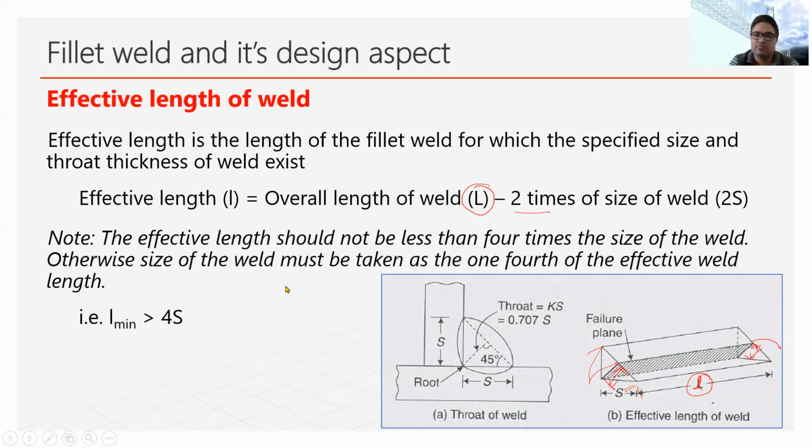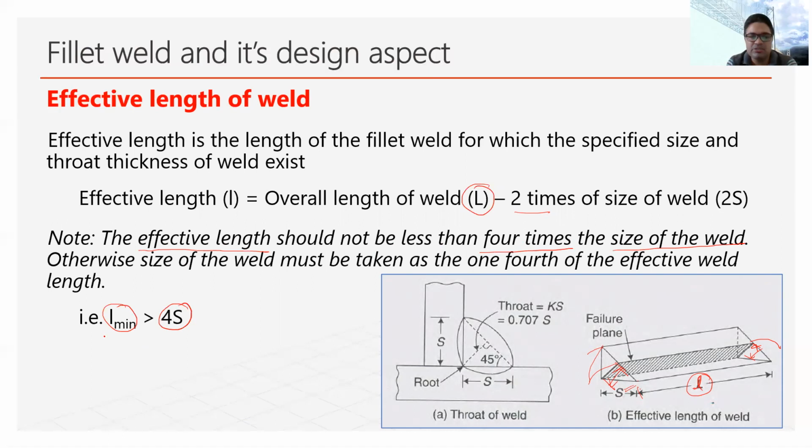Now one more point which is discussed in the IS code is that the effective length of this weld should not be less than 4 times the size of the weld. Which means this l value, the minimum value of l, should be greater than 4 times the size of weld.